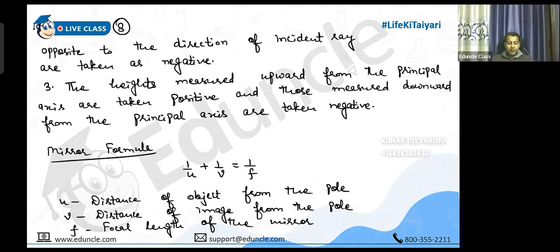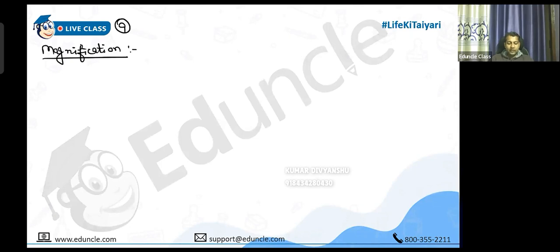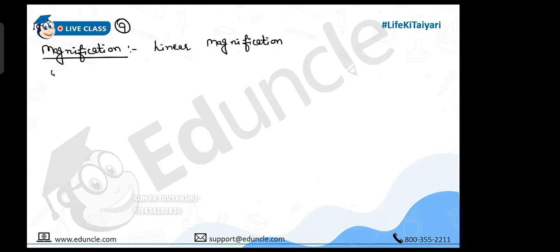But we will definitely discuss the magnification. What do you mean by magnification? It is actually the ratio of the size of the image to the size of the object. It is also called linear magnification.